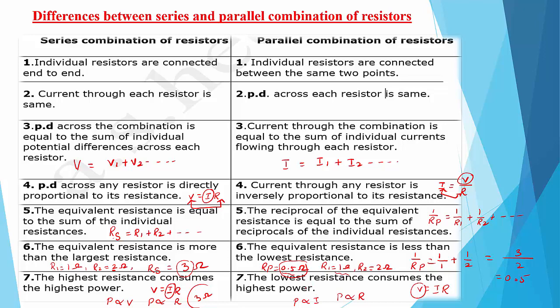That means in series combination, Rs, the equivalent resistance, being high consumes high power. But in parallel combination, the final answer Rp is very low, so the lowest resistance consumes the highest power. So these are some differences between series as well as parallel combination.